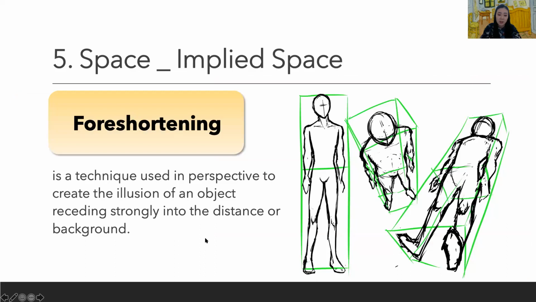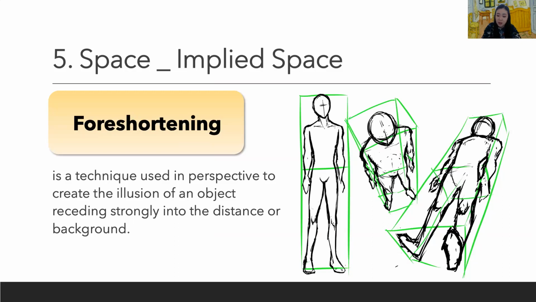And this is the second element of the Renaissance perspective technique. With foreshortening, artists can make the implied space more dynamic. Foreshortening is a technique used in perspective to create the illusion of an object receding strongly into the distance or background.